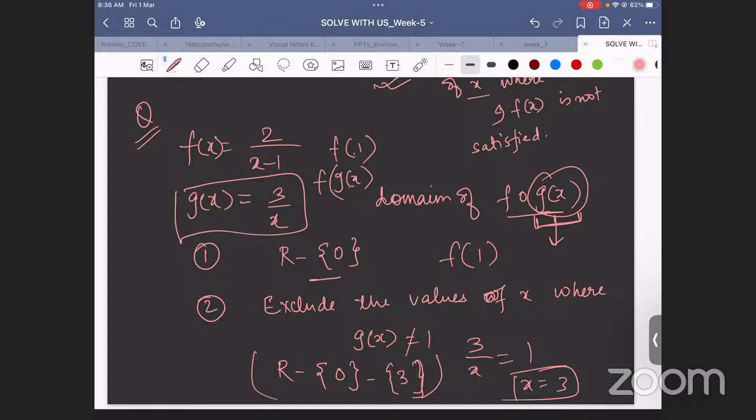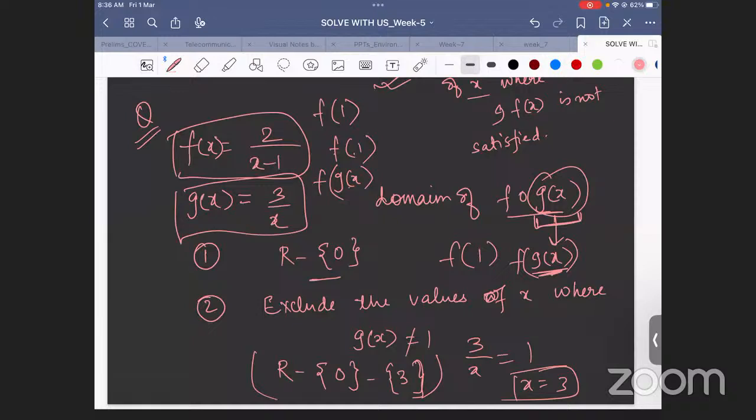Now the second step: because you already know this is a function f of g, I have to take care of all those g of x, as a range, where f is possible. For this equation, you can see that f of 1 is not possible. This is the only condition I can think of.